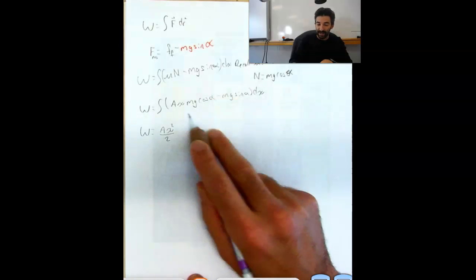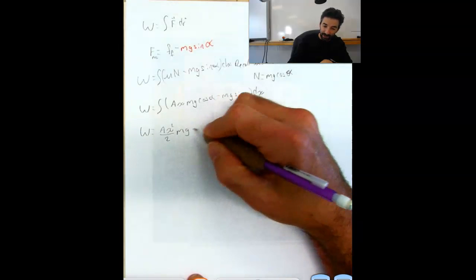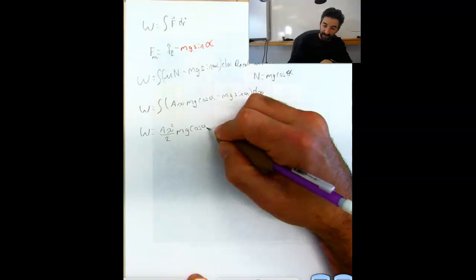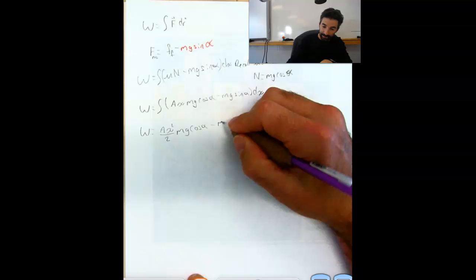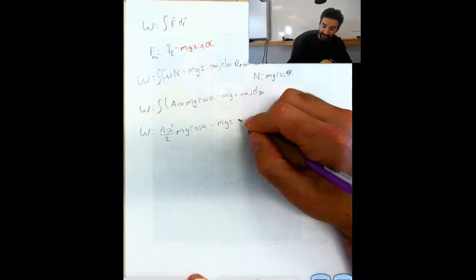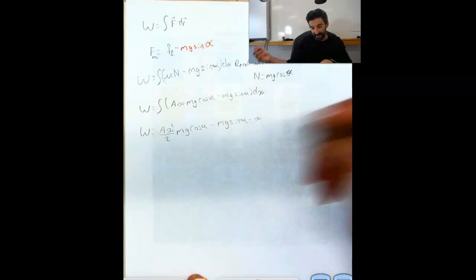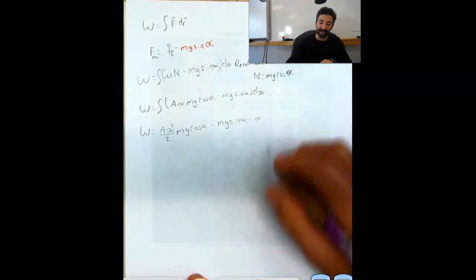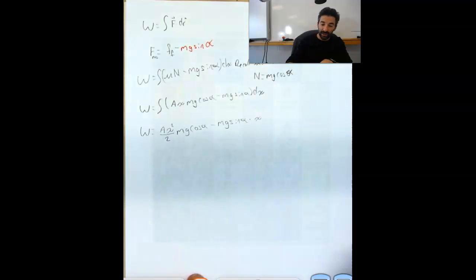That's the antiderivative of this. mg cosine alpha stays the same. mg cosine alpha minus the antiderivative of that with respect to x is just mg sine alpha times x, or we'd have x times mg sine alpha, and that is now my antiderivative.